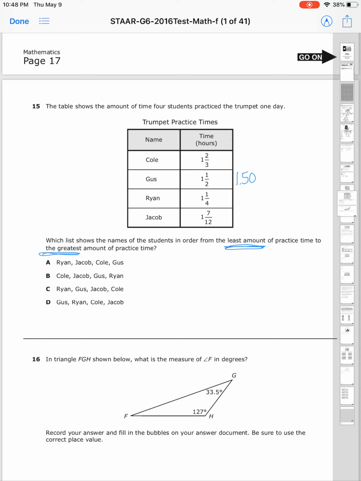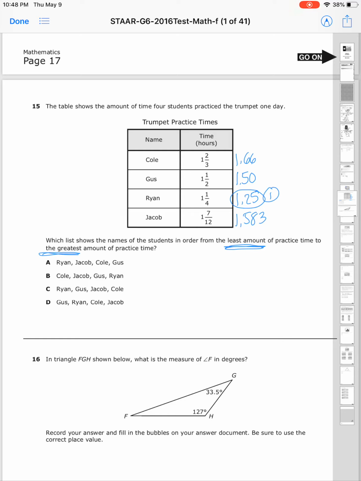I know that this is 1.66. I know that this is 1.25. And then I know that this last one is 1.583.